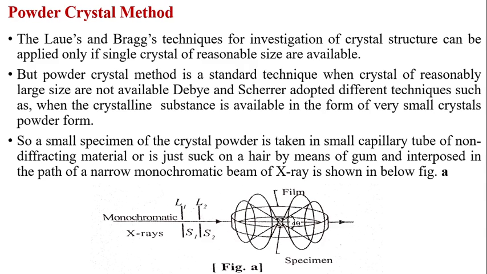So, a small specimen of the crystal powder is taken in a small capillary tube of non-diffracting material, or is just fixed on a hair by means of gum, and interposed in the path of a narrow monochromatic beam of X-ray, as shown in the figure here.